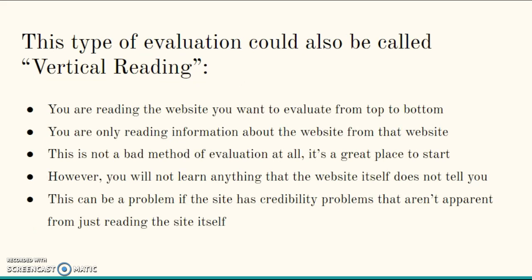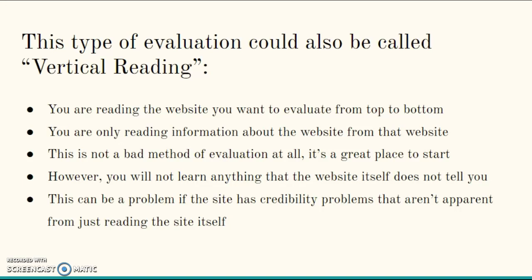This could be called vertical reading, where you go to a website and you read it from the top to the bottom, but you're only looking at information that that website itself is telling you. If you are on a website that is not a credible source, you might find evidence of that on the website, but sometimes you might not.